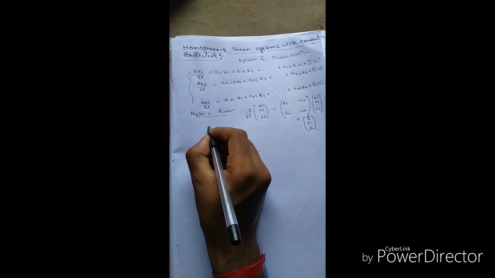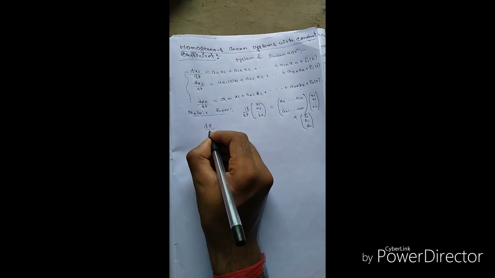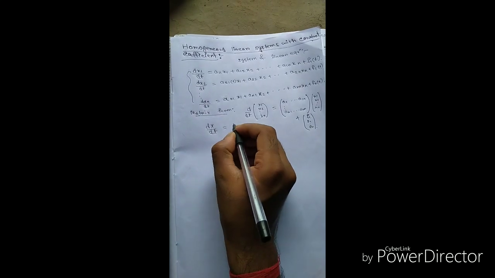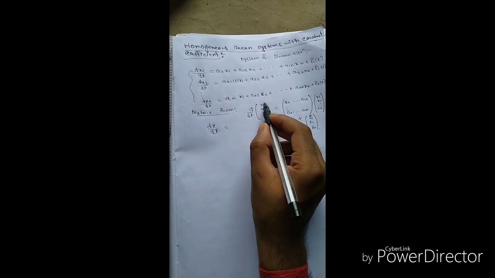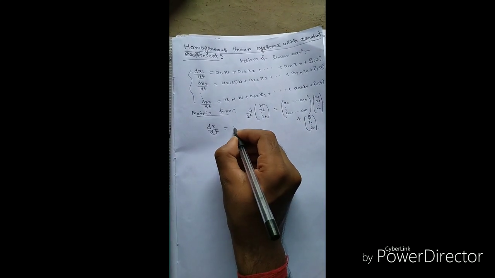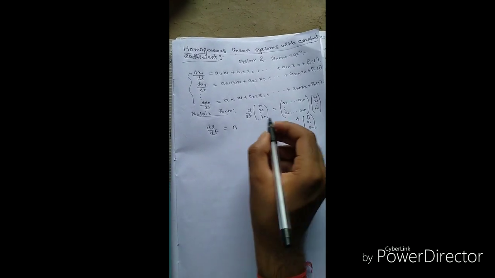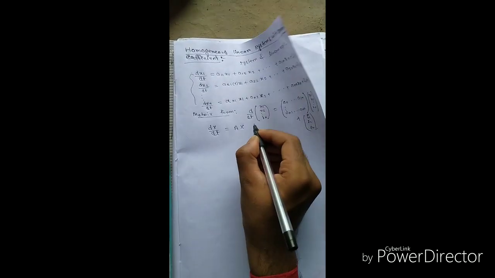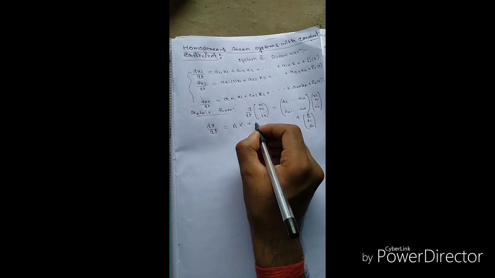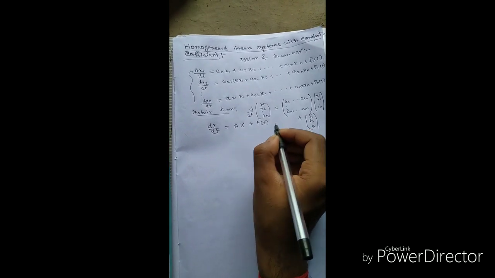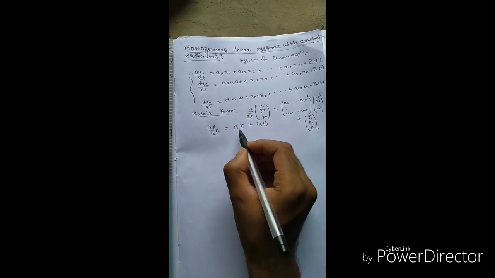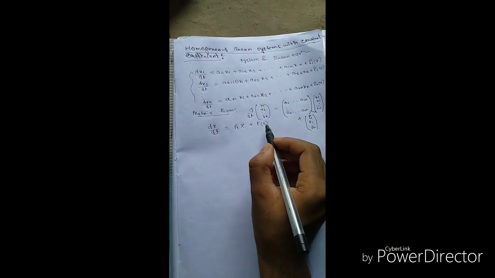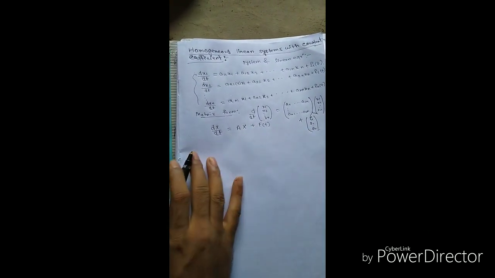These are functions of t. So in general it can be written as dx/dt equal to Ax plus f(t), where x is this column vector, A is this n cross n matrix, and f(t) is this column matrix.